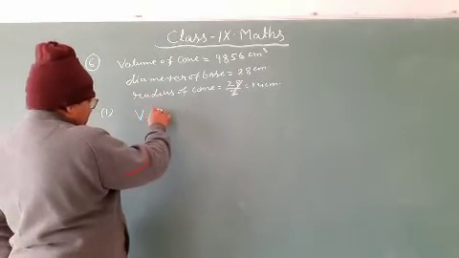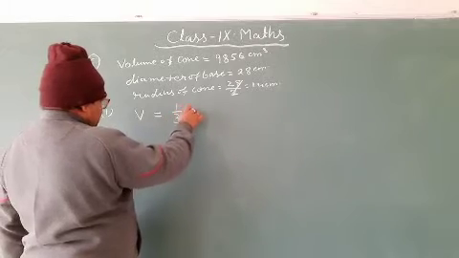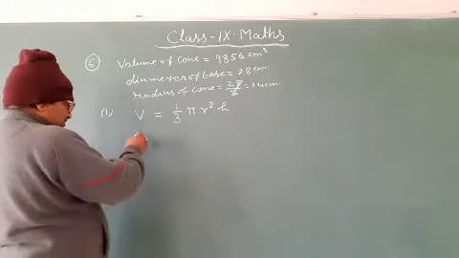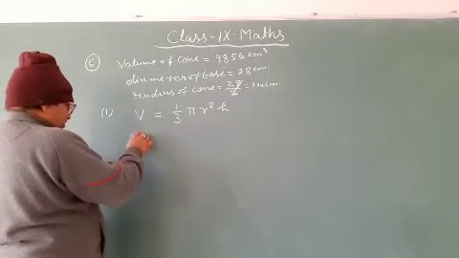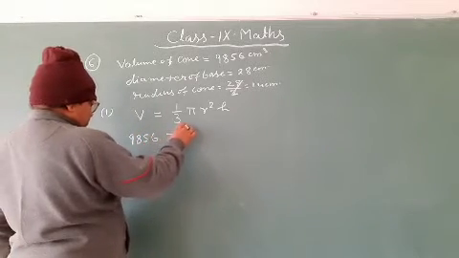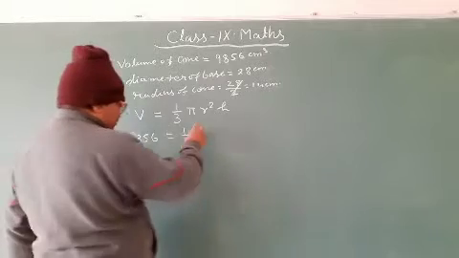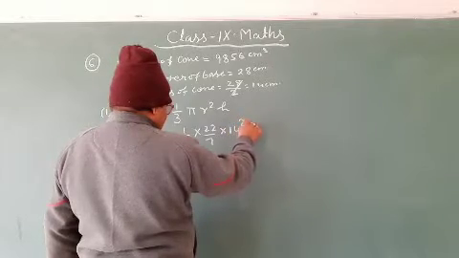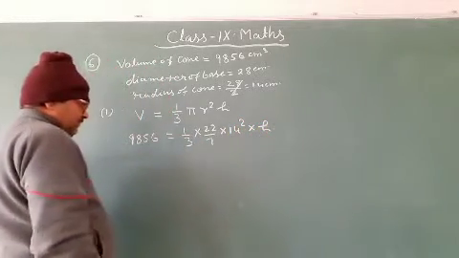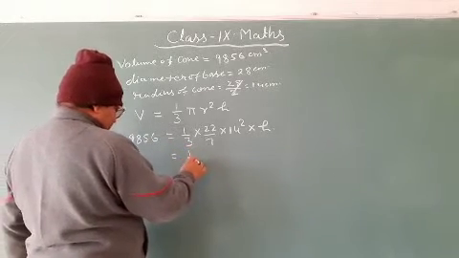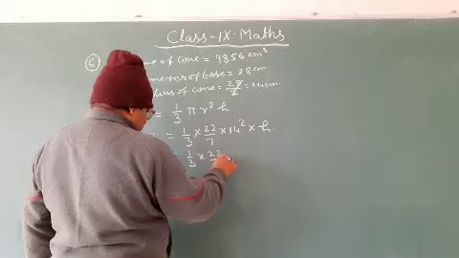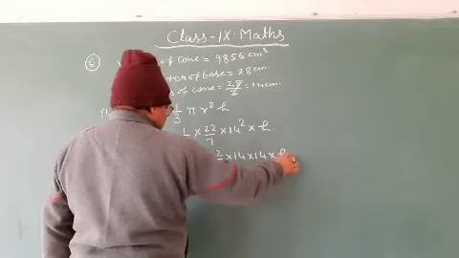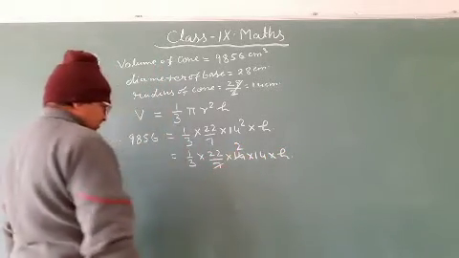So volume V equal to 1 by 3 pi r square h, that is 9856 equal to 1 by 3, 22 by 7, and r 14 square into h.